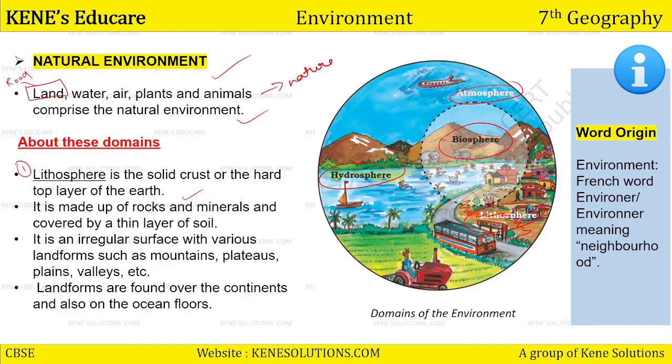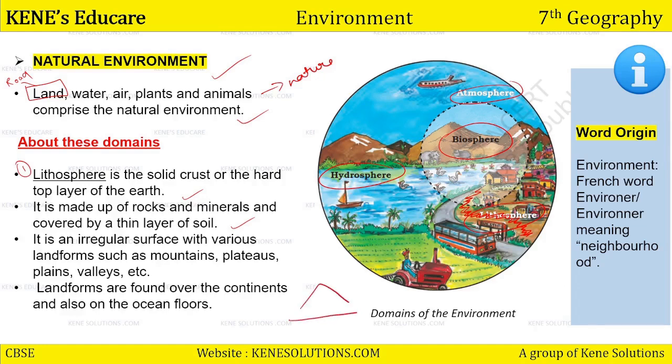It is made up of rocks and minerals and covered by a very thin layer of soil also. The hard surface on the top of the earth made up of rocks and minerals has a layer of soil also. It's an irregular surface. Regular मतलब होता है एकदम smooth एक जैसा.